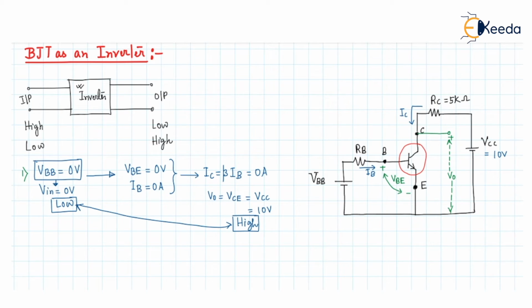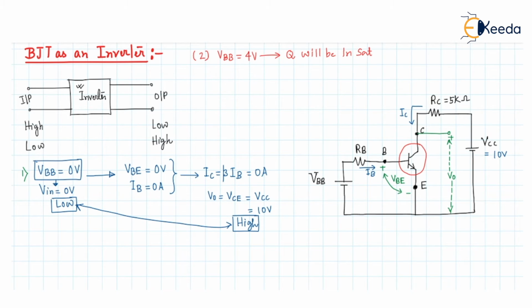Similarly, if we go for the second case, if we apply VBB equal to 4 volt, in this case the transistor, if we define the transistor as Q, then Q will be in saturation.